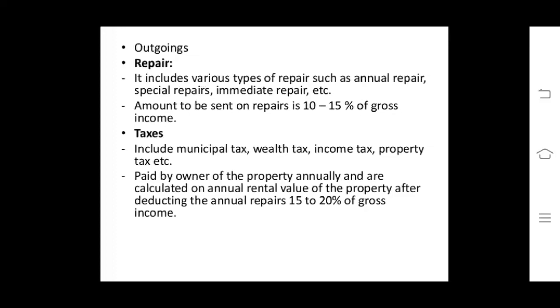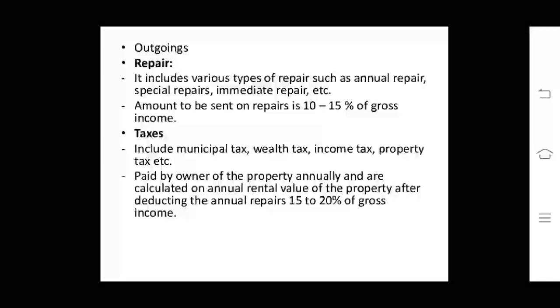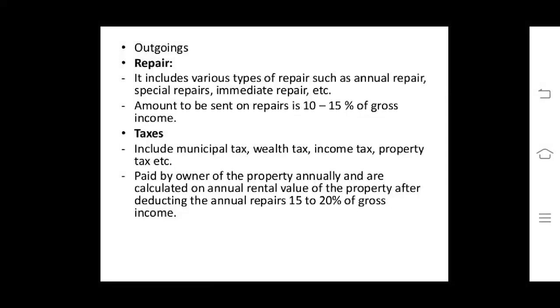Outgoings. There are some outgoings for construction activities and for repairs. It includes various types of repair such as annual repair, special repair, immediate repair, etc. The amount to be spent on repairs is up to 10 to 15% of gross income.